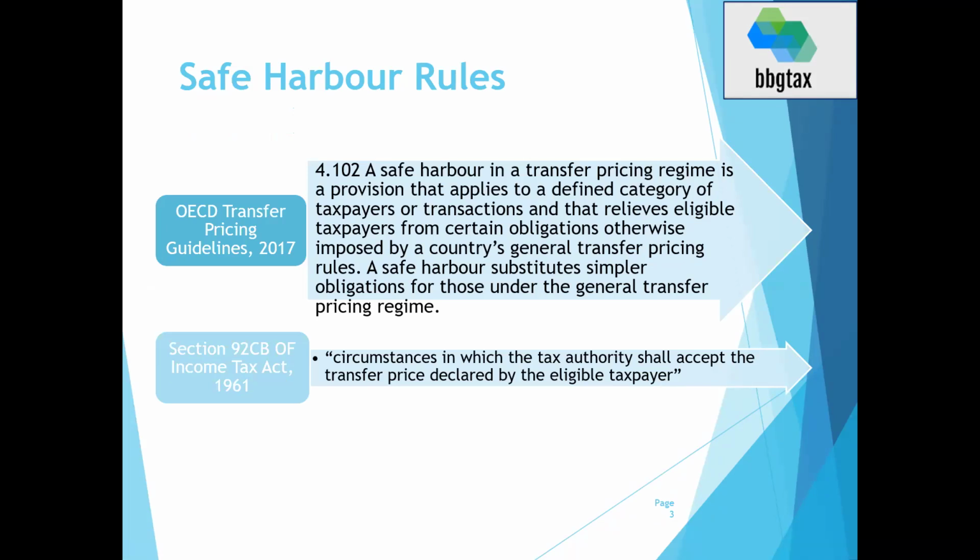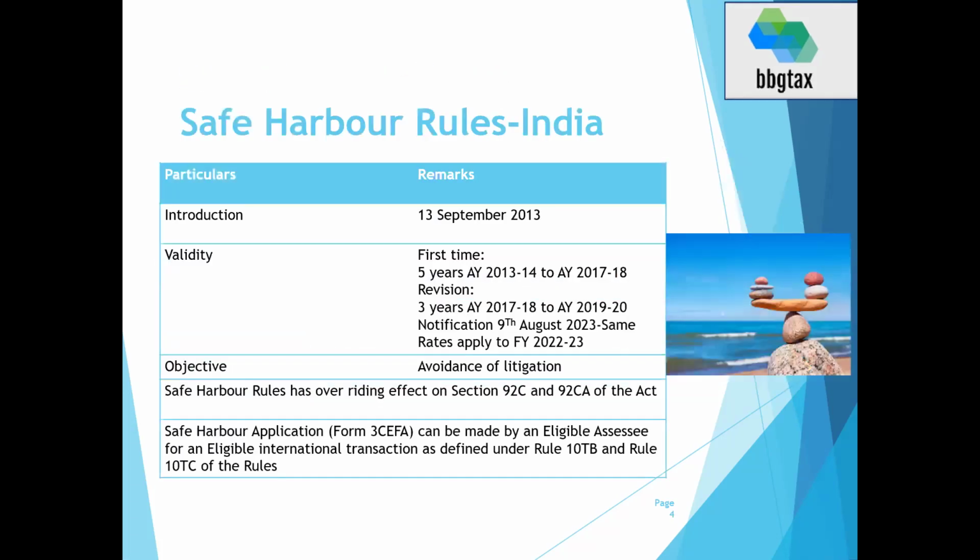It says that a safe harbor substitutes simpler obligations for those under the general transfer pricing regime. Then in the Indian Income Tax Act, Section 92CB defines what is a safe harbor. It says circumstances in which the tax authority shall accept the transfer price declared by the eligible taxpayer.